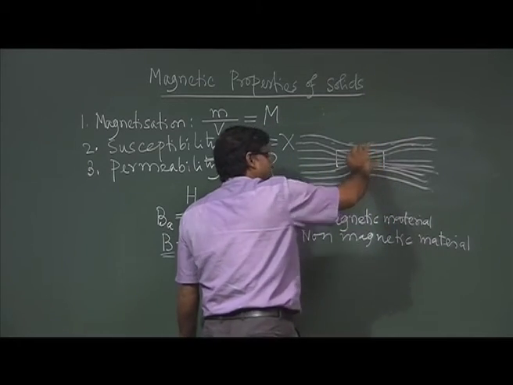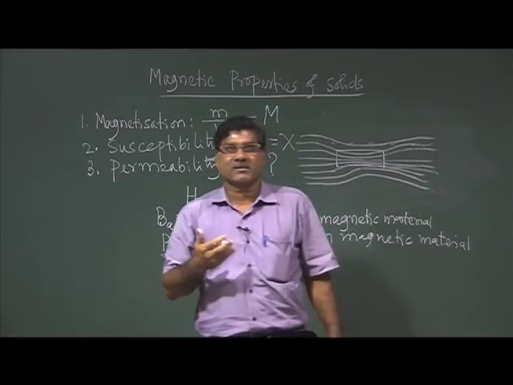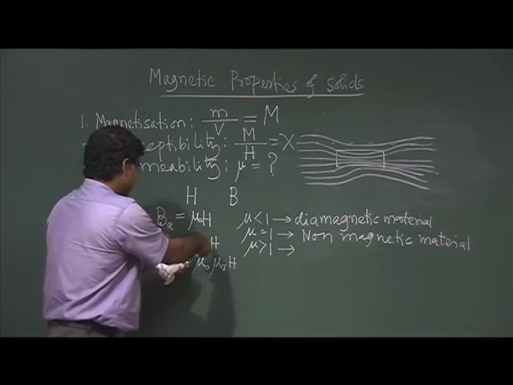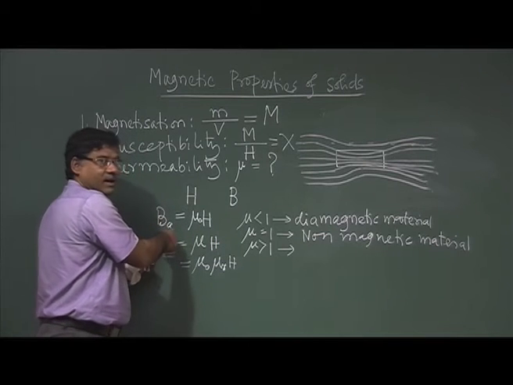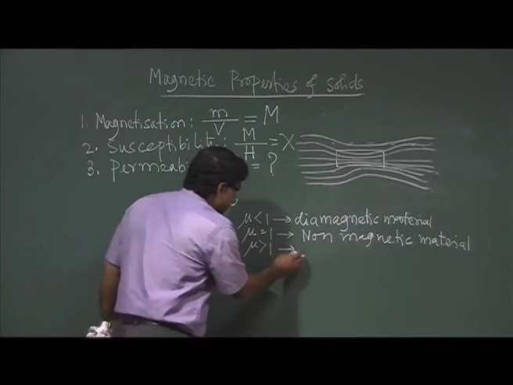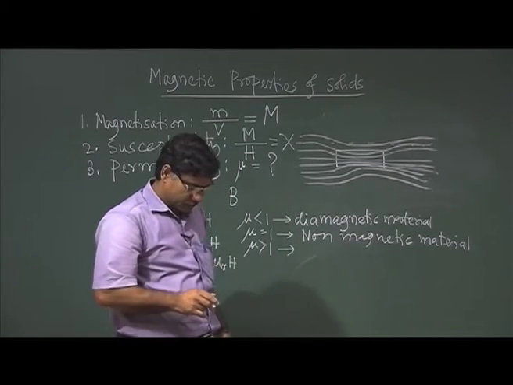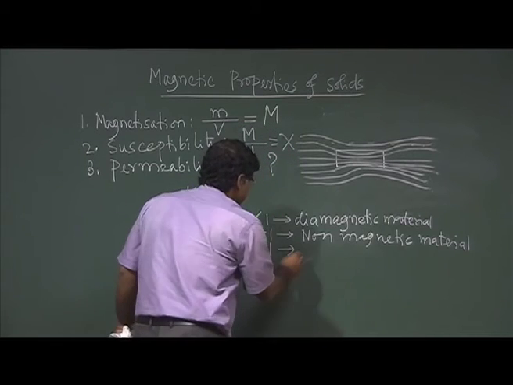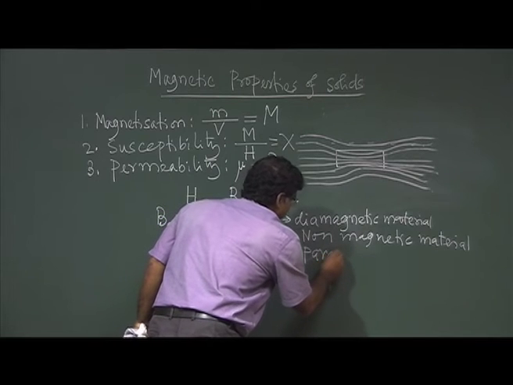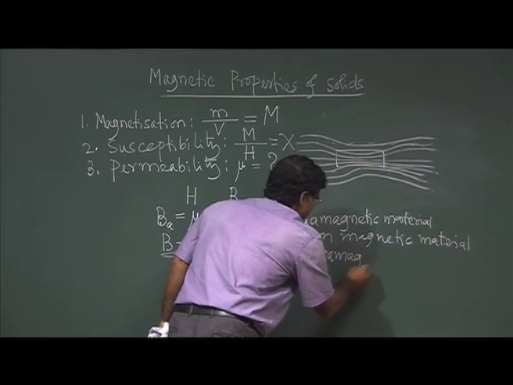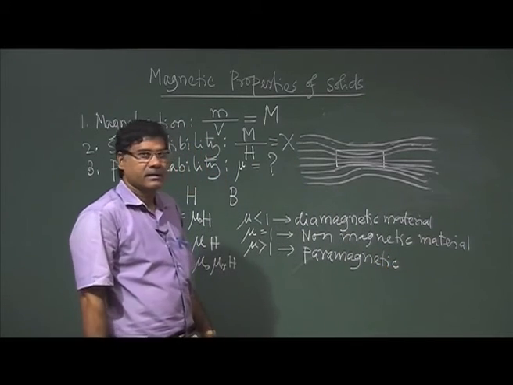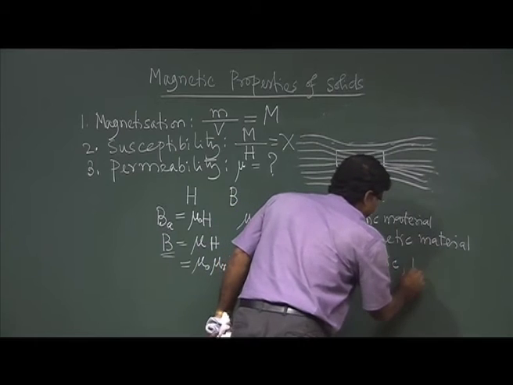So, inside of this material, the line density of lines of force will be increased. So, mu is greater than 1. So, this magnetic flux density will be higher, B will be higher than H. Okay. So, then this is called the paramagnetic material or ferromagnetic material.